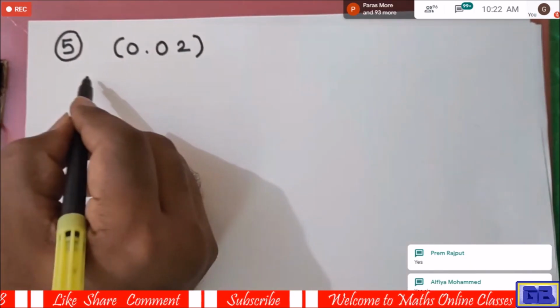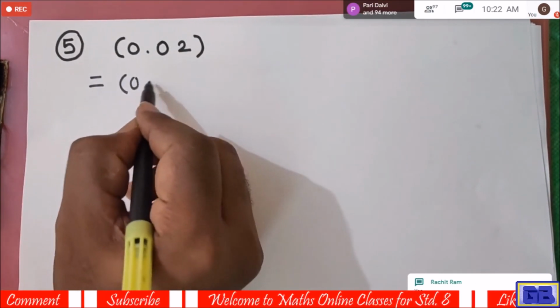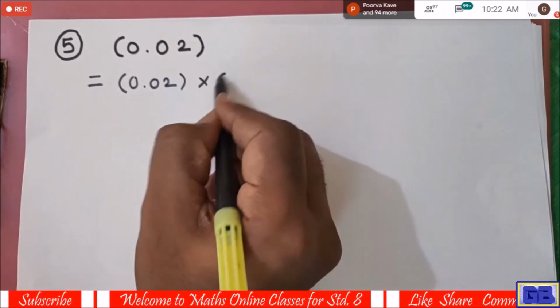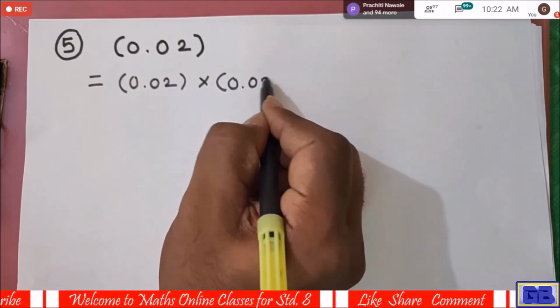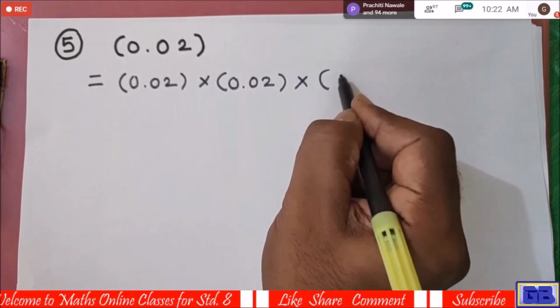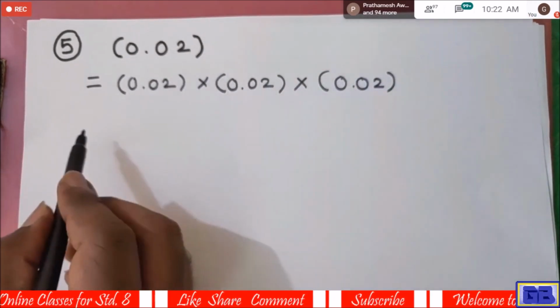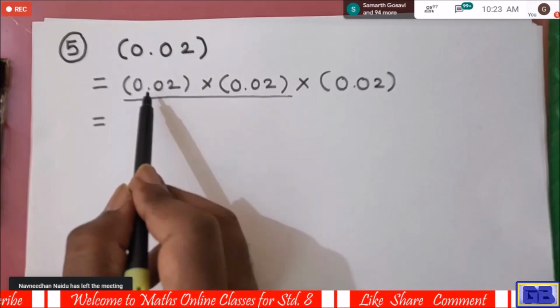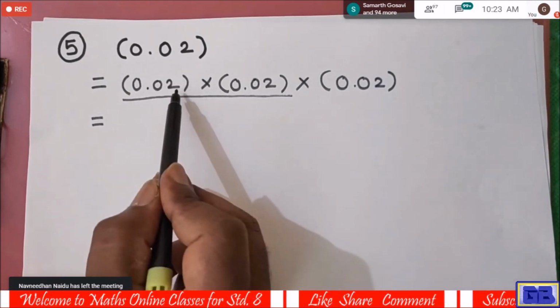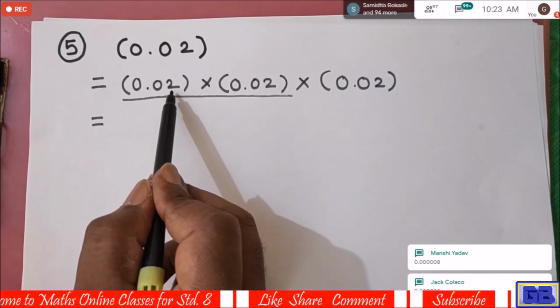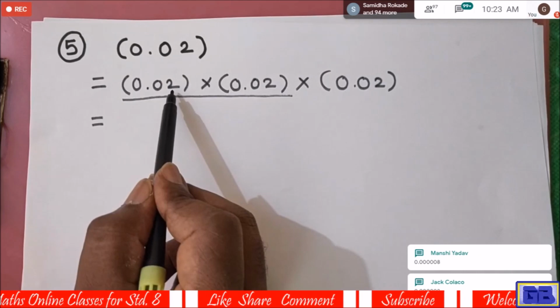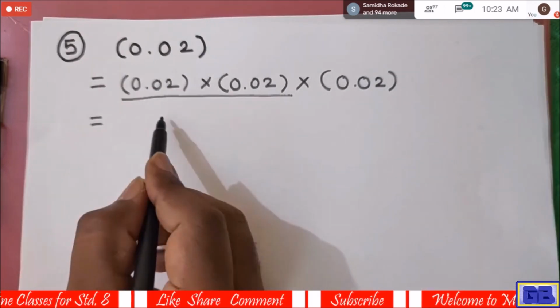Write down this 0.02. Put equal sign. 0.02 into 0.02 into 0.02. Now for this multiplication, forget the decimal point, only concentrate on digit 2. 2 multiplied by 2 is 4.